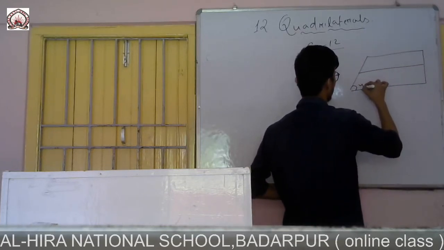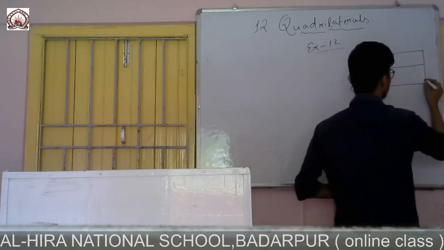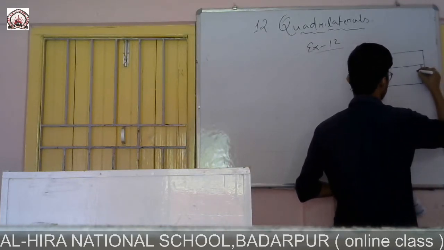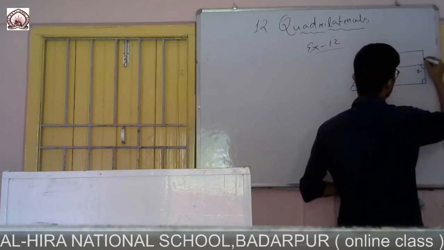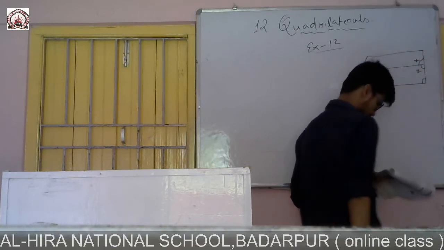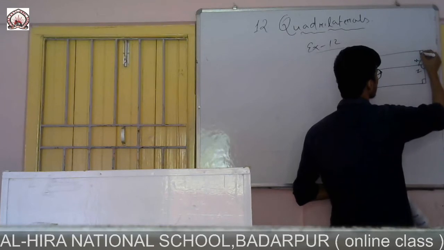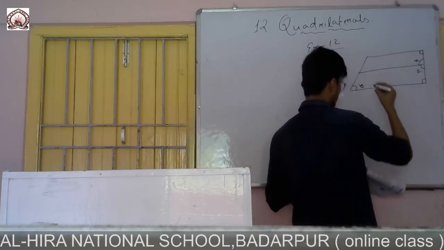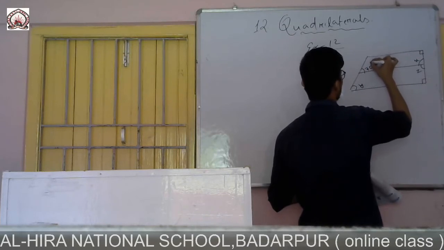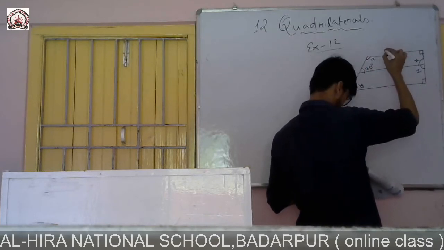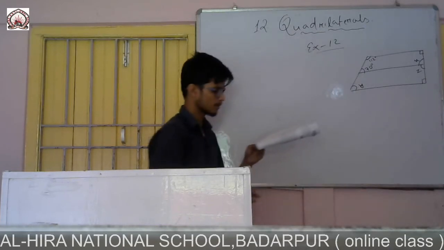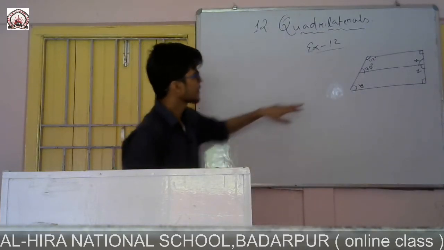This one is given angle y, this one is given a right angle, this one we don't know, it is given z, the next one is given x, this is 90 degrees, this one 70, and this one 112 degrees. So I draw the figure, you see.